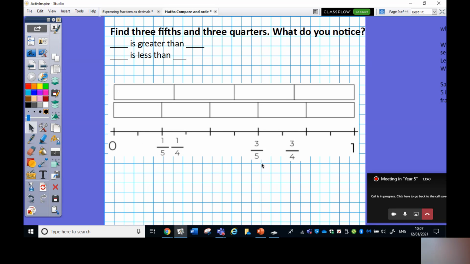So what do you notice? Yeah, it's the same. Now, again, 3/4 is greater than 3/5, but where 5, the denominator here, is normally greater than 4 as a whole number, as fractions, 3/5 is less than 3/4, just like 1/5 is less than 1/4.